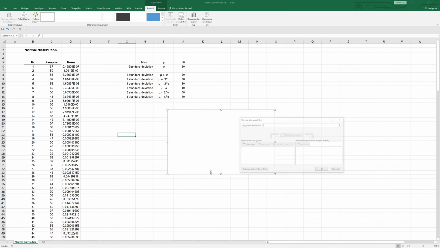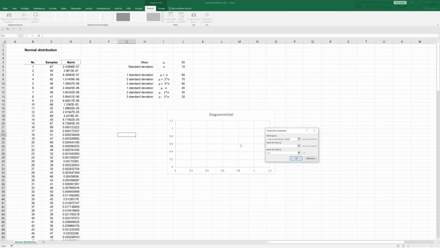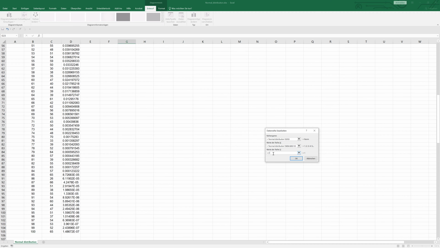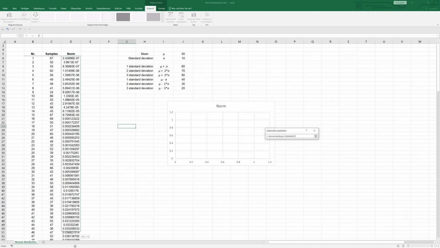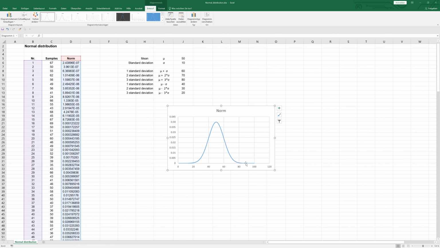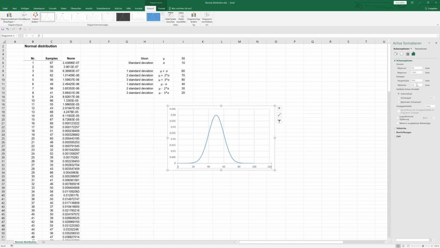To visualize, create the diagram with x data being the numbers 1 to 100 and y data the normal distribution. Here is the bell curve of the normal distribution.